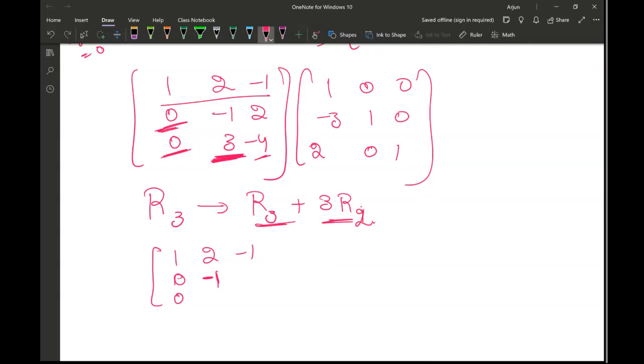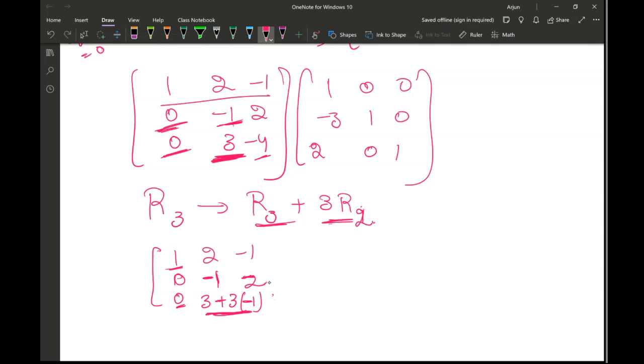Yes, this is 3R2, because if I add R1, then it will be some value down here. So 3R2: this was 3 plus 3 times minus 1. Yes, this is R2 value which I'm taking, and this value remains as 2 here.